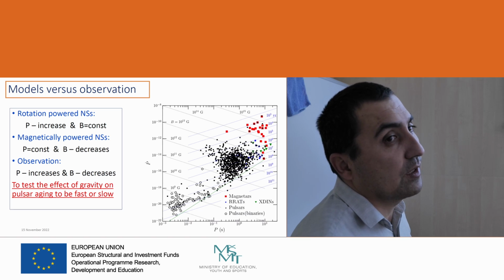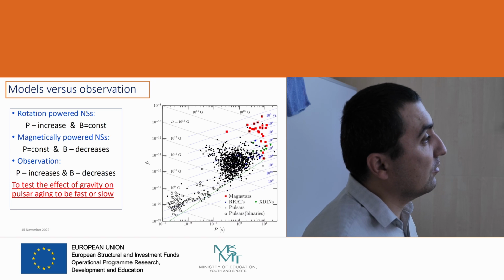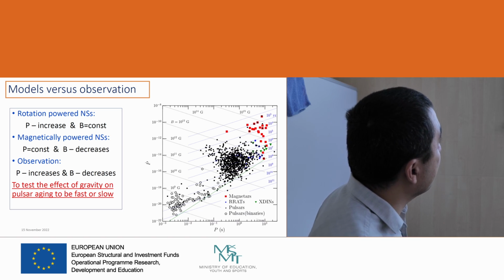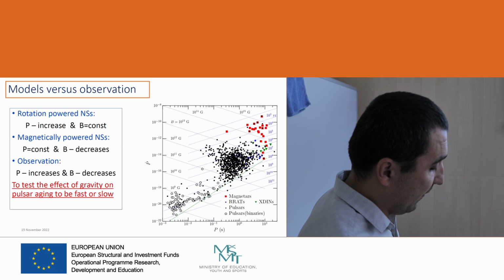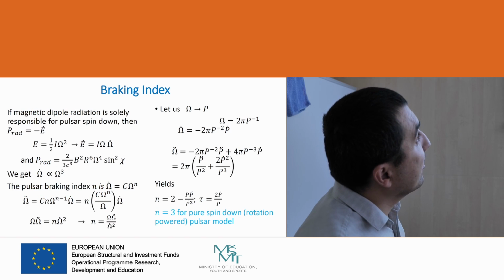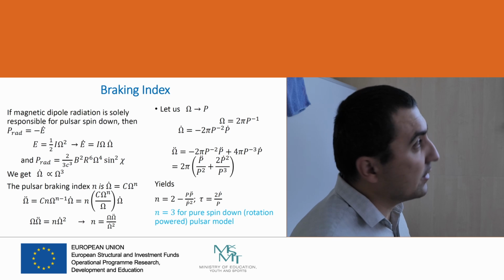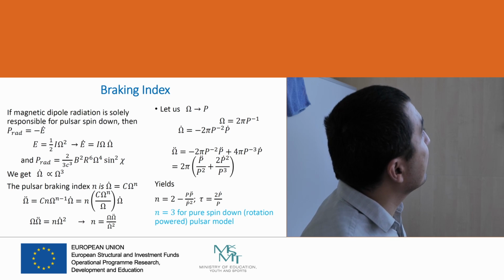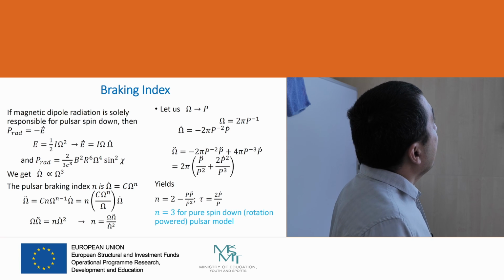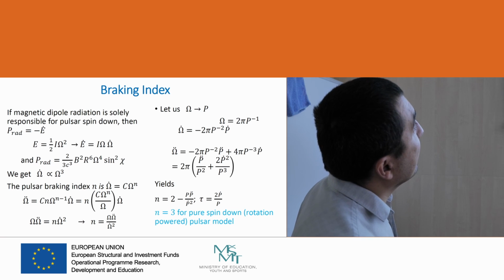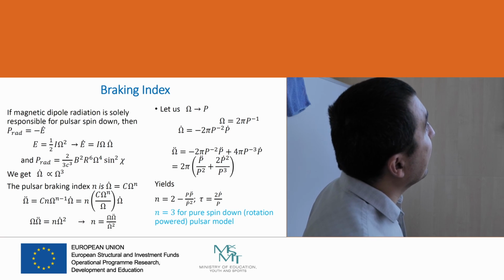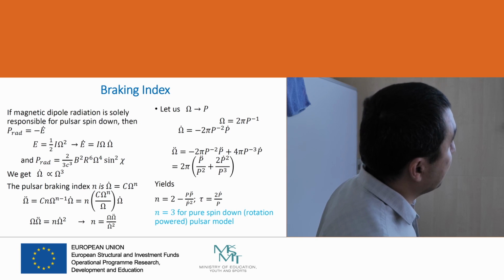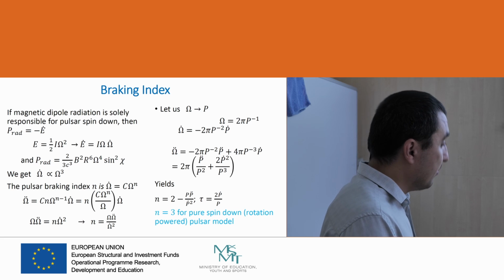Maybe there is some model where both models work. Here we can test these effects. How can we test? We can measure the braking index. We can easily calculate this braking index using the spin-down for the rotation powered model.